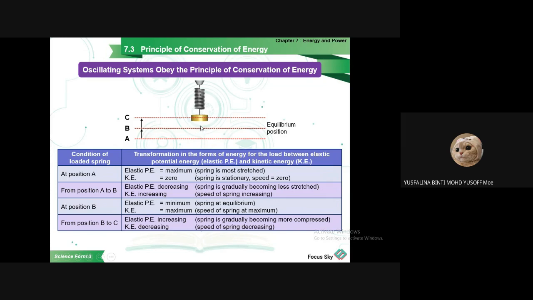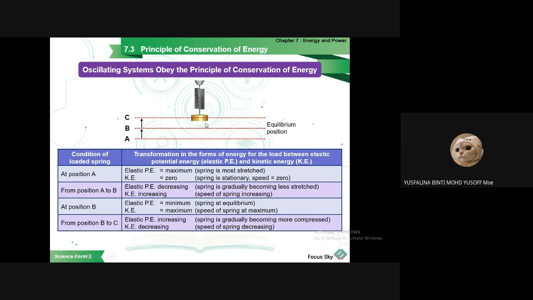Now because there is a change of position here, all the KE will decrease, but the EPE will increase, from B to C. At the position B to C, the energy starts to convert again. From B to C, the kinetic energy is decreasing and the elastic potential energy is increasing.